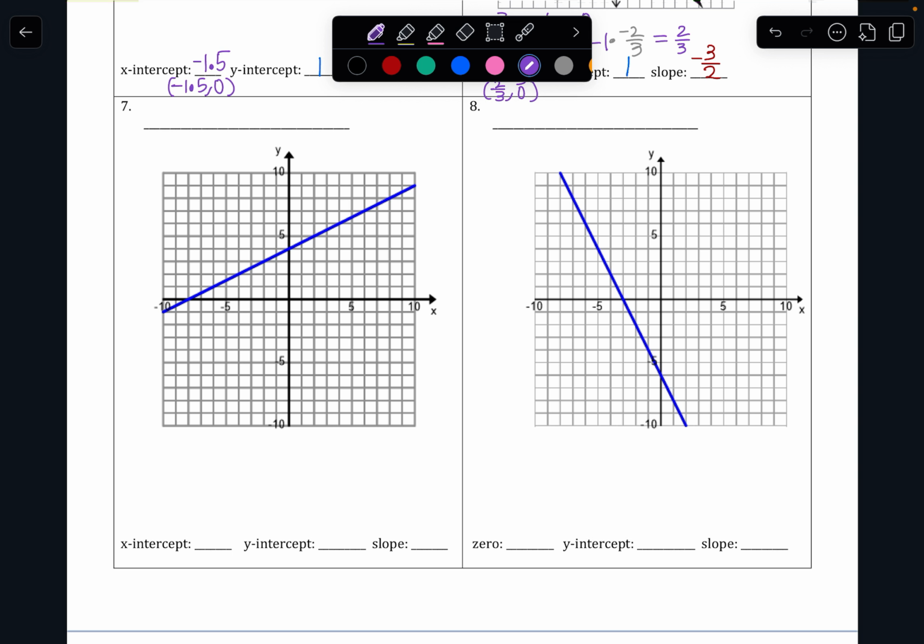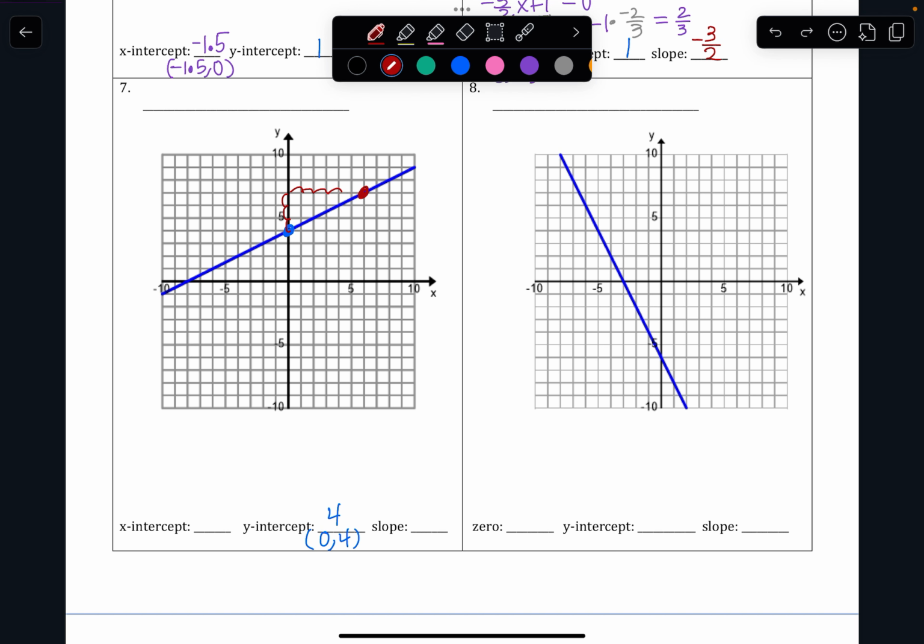Okay, for these last two, I see my y-intercept is 4. To get to my slope, this looks like a good point. So 1, 2, 3. 1, 2, 3, 4, 5, 6.